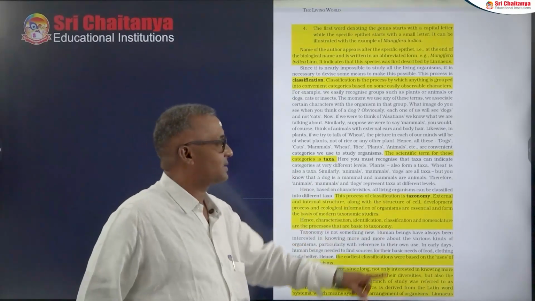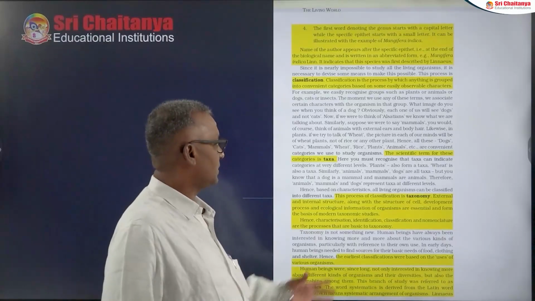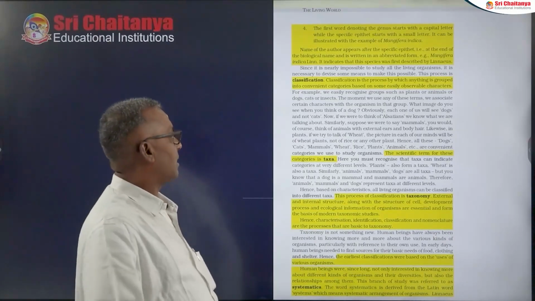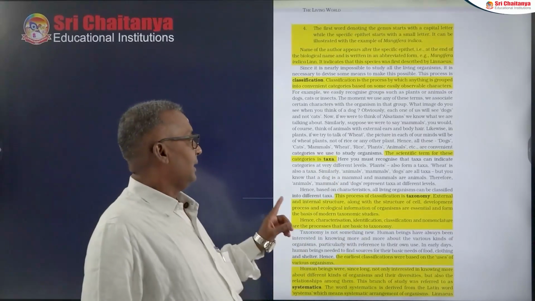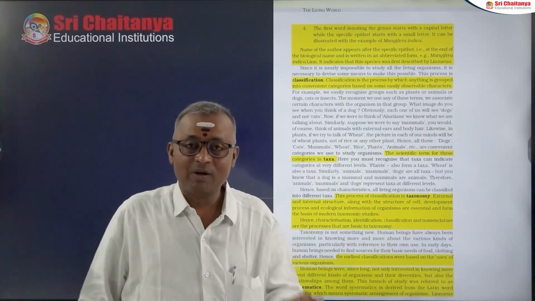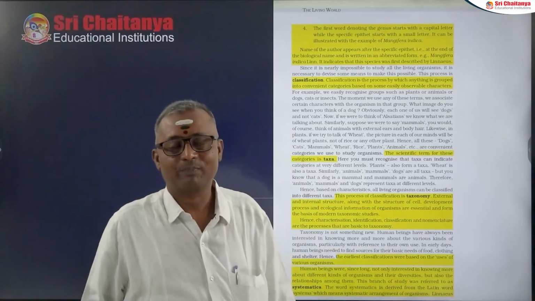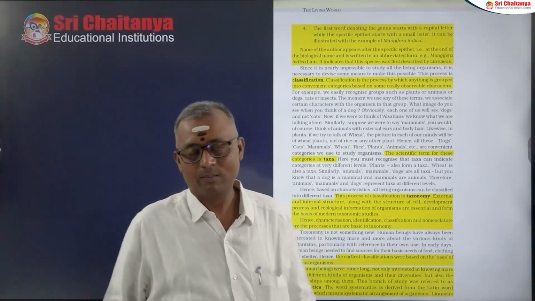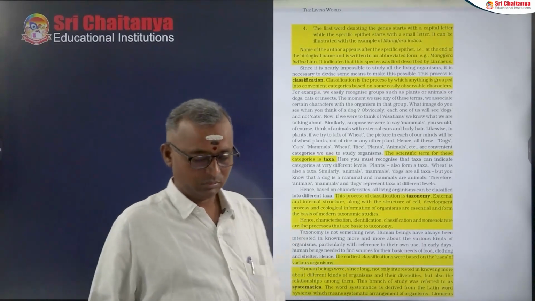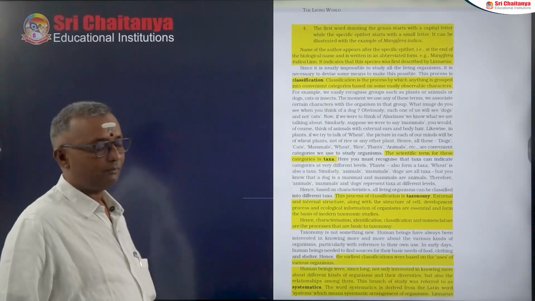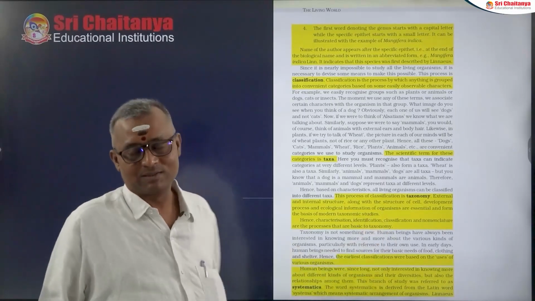So all these organisms, wheat, rice, plants, etcetera, are convenient categories that we are using. Now, the scientific term that we use for category is taxa. You have to be very careful about this. Here we must recognize that taxa indicate categories at very different levels.